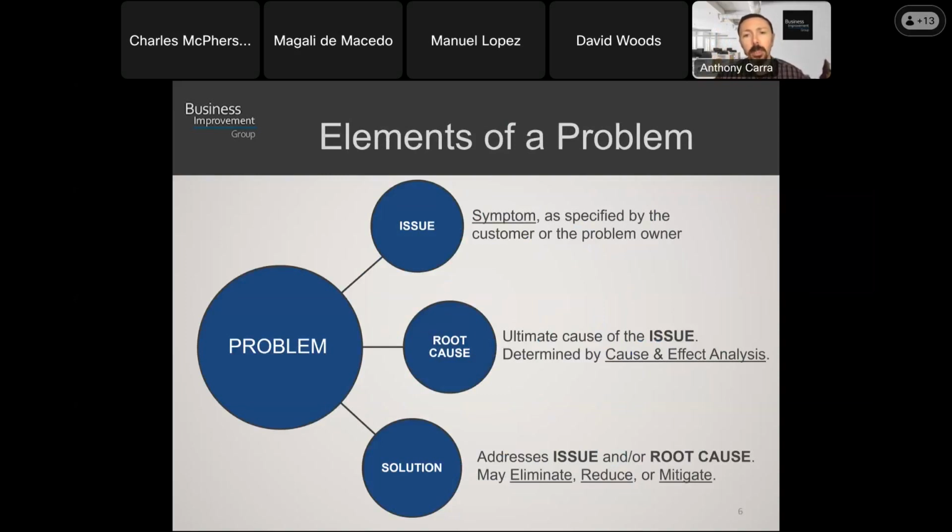The cause, ultimately the root cause, is going to have led to or essentially caused the issue. And this is typically determined by cause and effect analysis, or root cause analysis. And then once you have the cause, then and only then can you be talking about solutions, or at least effective solutions.